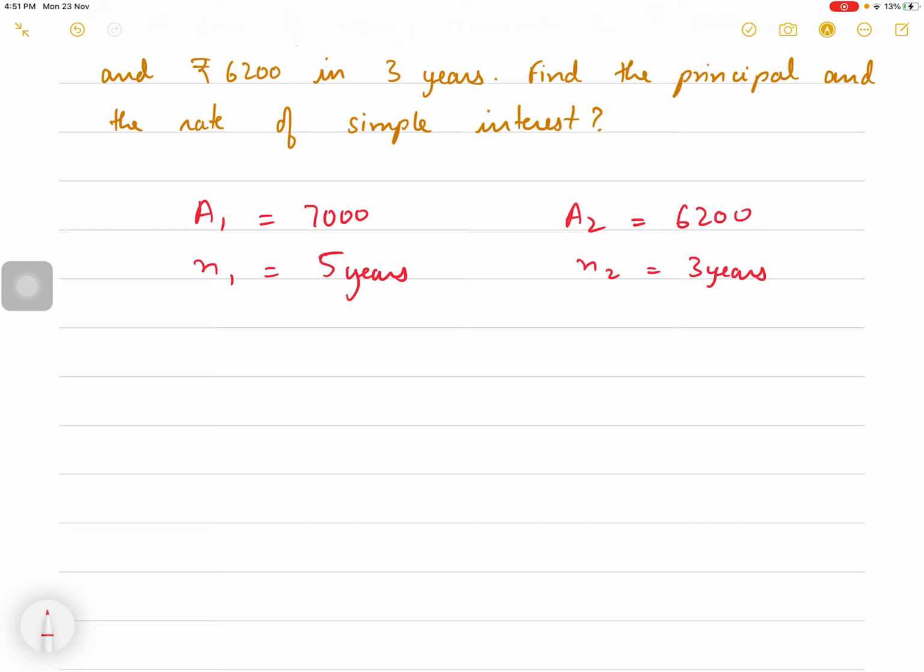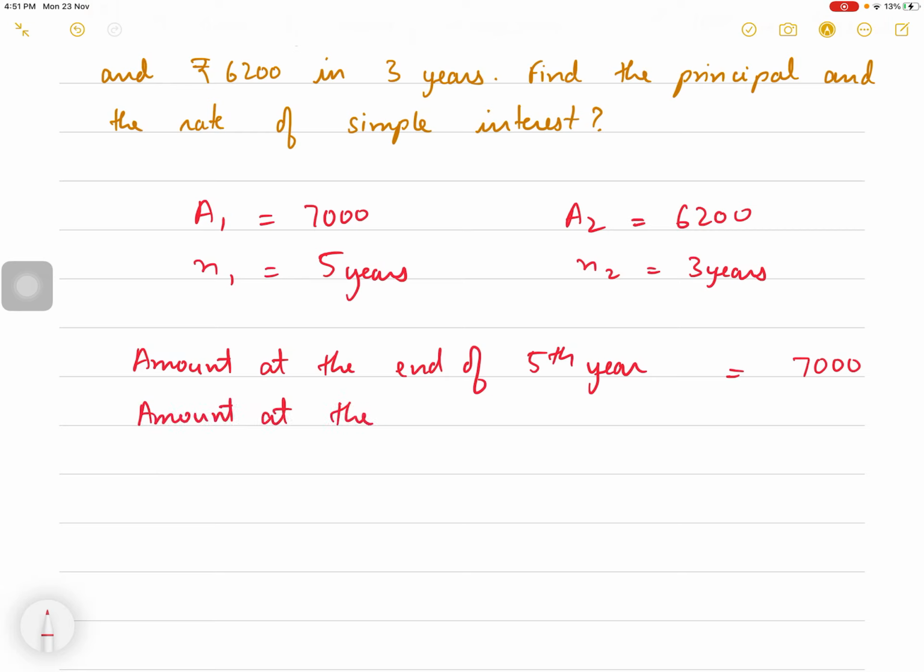Amount at the end of 5th year is equal to 7,000. Amount at the end of 3rd year is equal to 6,200.